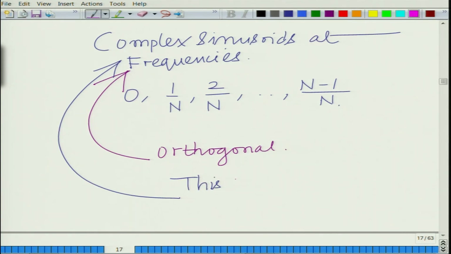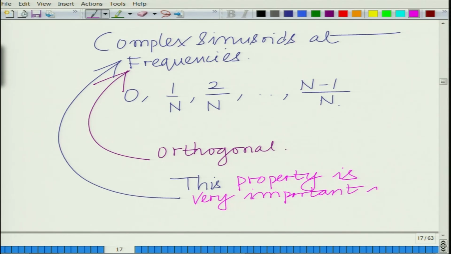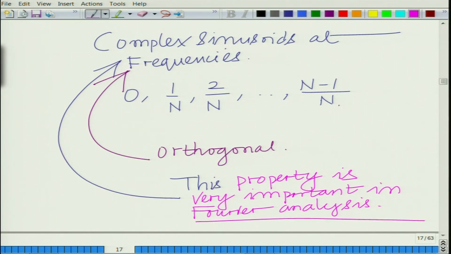So, this property is very important in Fourier analysis, and in fact, this forms the basis for all Fourier analysis.